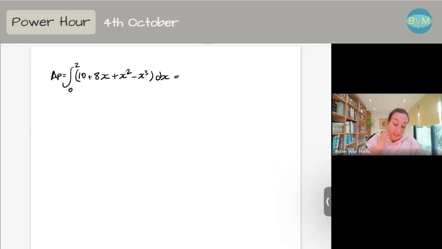We integrate. Remember, you can do this with a calculator, but if you only give your value, you are going to lose the marks. So you really want to write what is the integral of that function. So 10x. Remember, we increase the power by 1 and divide by the new exponent. So 8x squared divided by 2 is 4x squared.